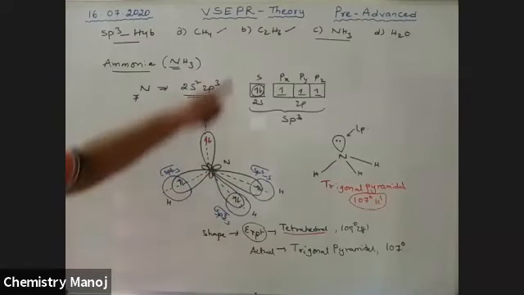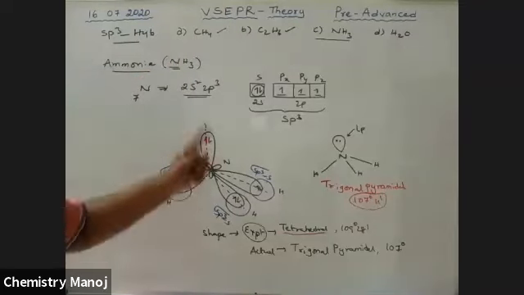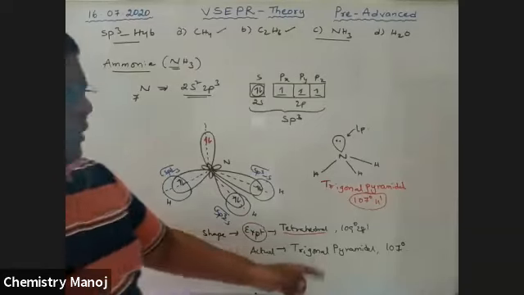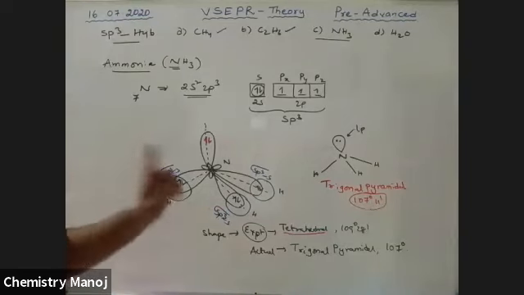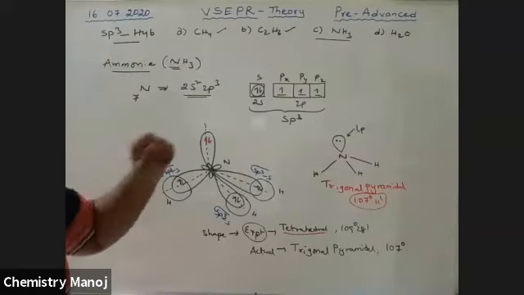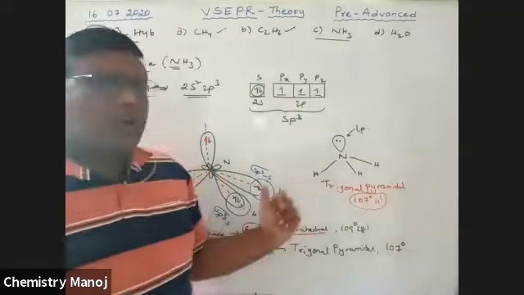This concept is explained in VSEPR theory. Please wait, I will explain later in VSEPR theory why this shape deviates from tetrahedral to trigonal pyramidal. That means hybridization fails to explain the shape of ammonia-like molecules. Nitrogen in ammonia is sp3 hybridized, but the shape is trigonal pyramidal, not tetrahedral.